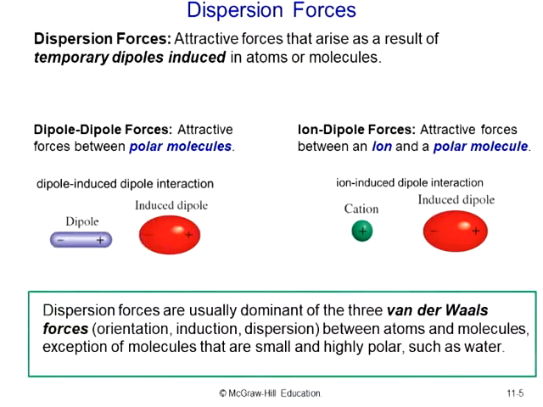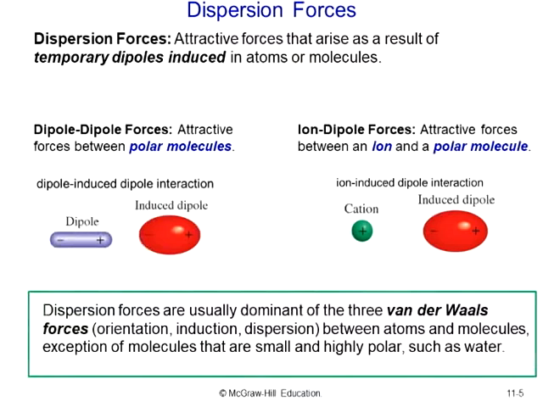Another type of dispersion force is an ion dipole force. Okay? In an ion dipole force, attractive forces between an ion and a polar molecule occur. So if you have an ion and you have a polar molecule, it's called ion dipole force.